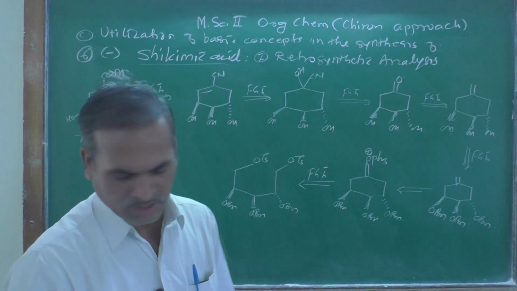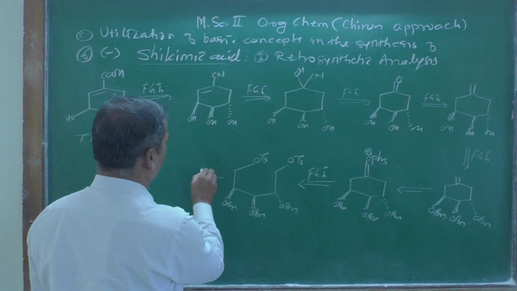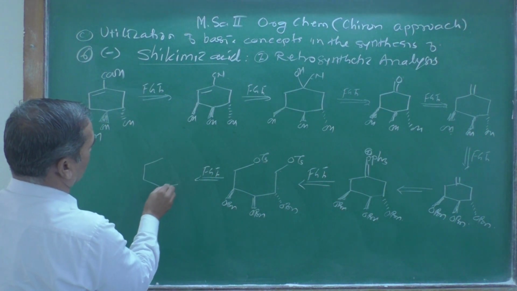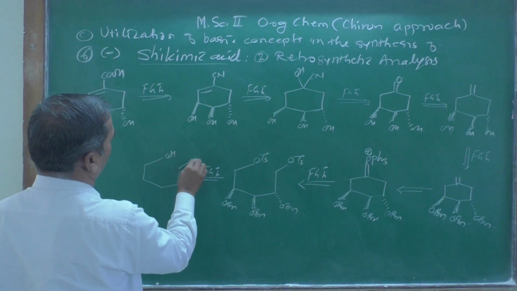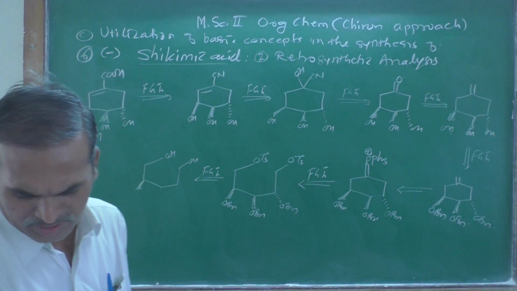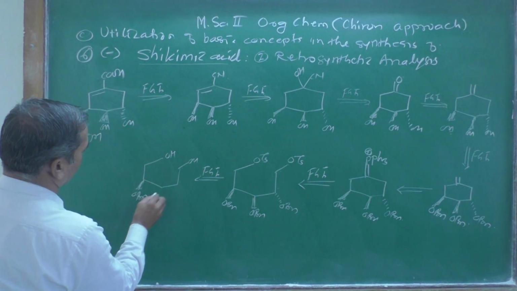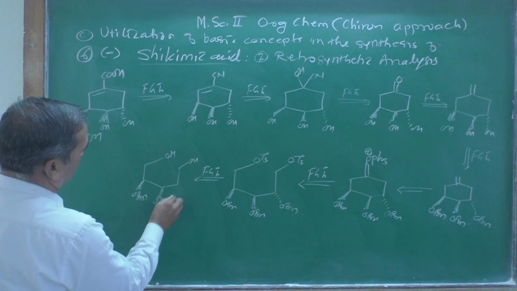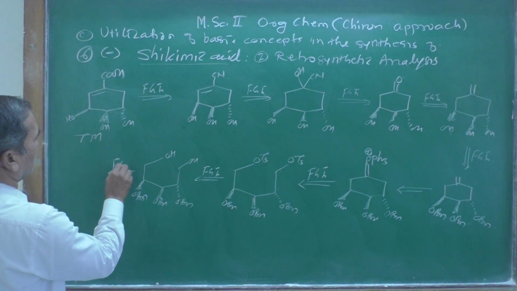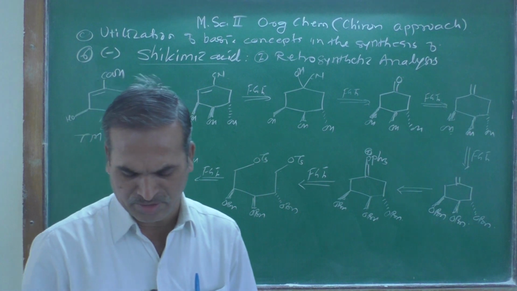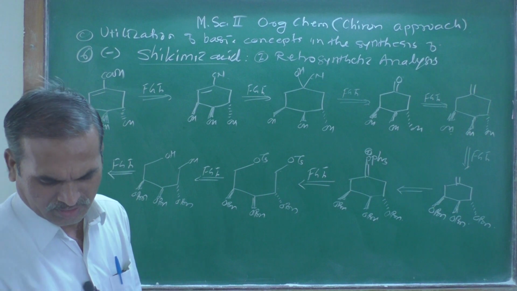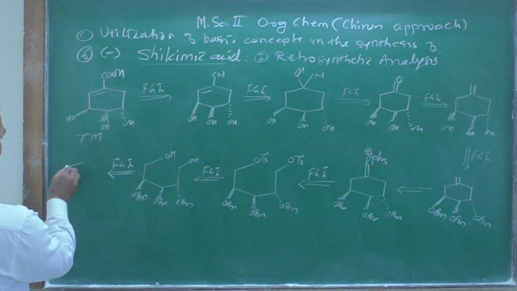Again do the FGI, functional group interconversion. From OTs we can get the structure like this with OH, an alcohol, and here OBn as it is, then again OBn, benzyl groups. And now this can be obtained by FGI from arabinose.